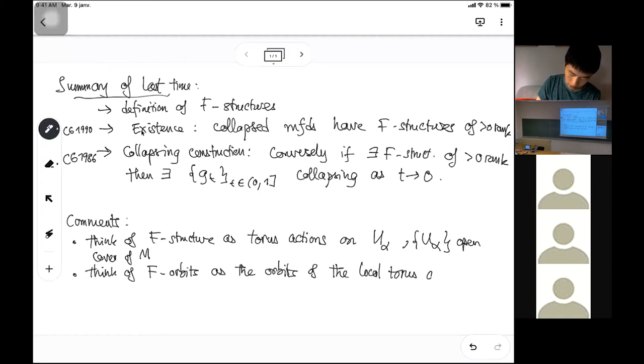And also there was this term positive rank. So what does it mean for an F structure to be of positive rank? It just means in the context of torus action that the action is effective, that the torus is not fixing any point. So positive rank just means effective action.